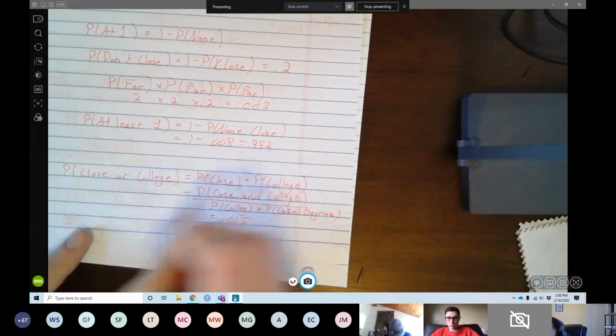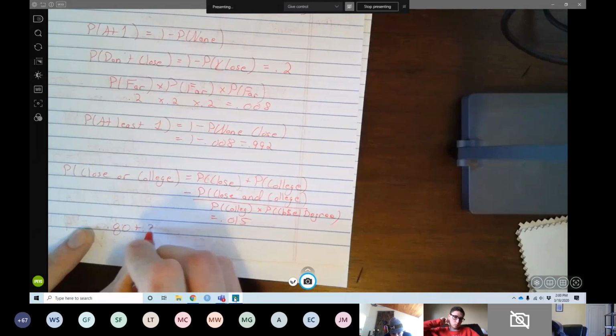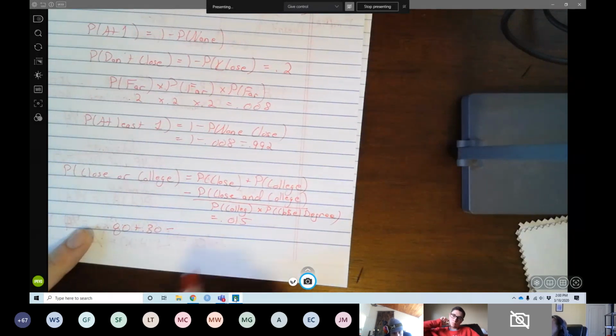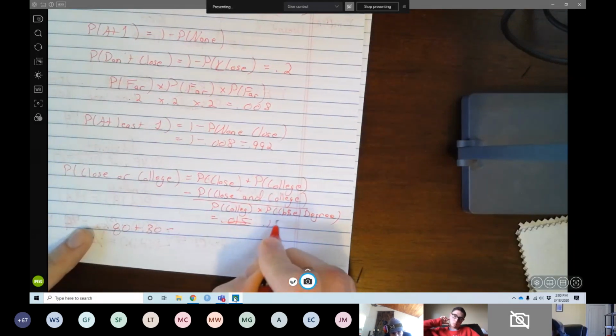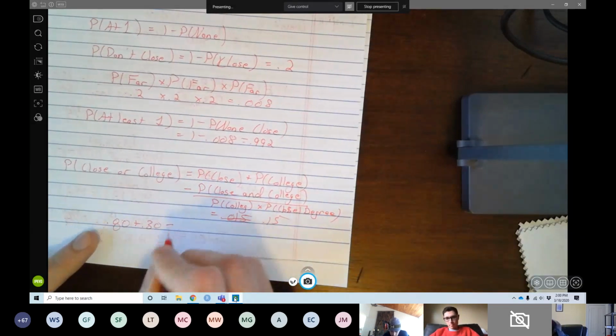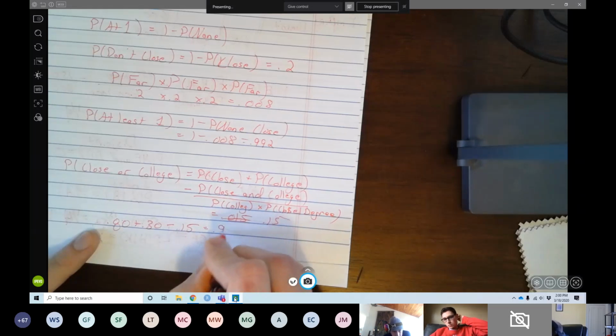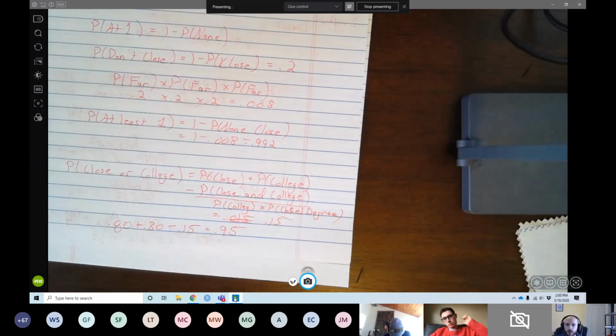So we'll end up with 0.80 plus 0.30, subtracting out the part where they overlap. So 15% of Americans both live close to home and have a college degree. So we want to subtract out the overlapping part, which will give us the 0.95 that we're looking for. So 95% of people either live close to home or have a college degree.